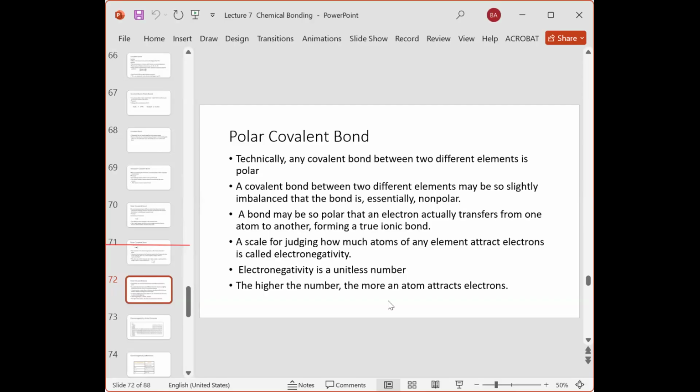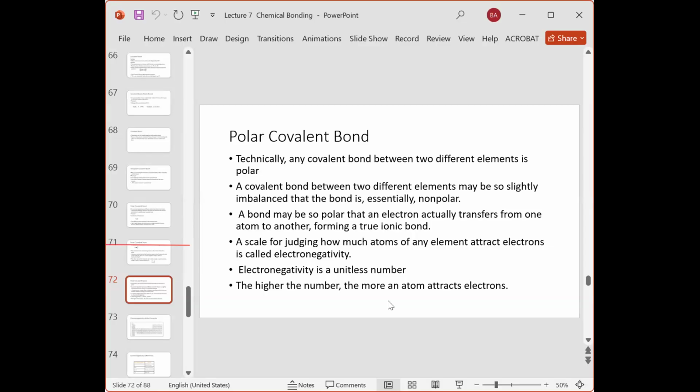So a scale for judging how much atoms of any element attract electrons is called electronegativity. Electronegativity is a unitless number. The higher the number, the more an atom attracts electrons.